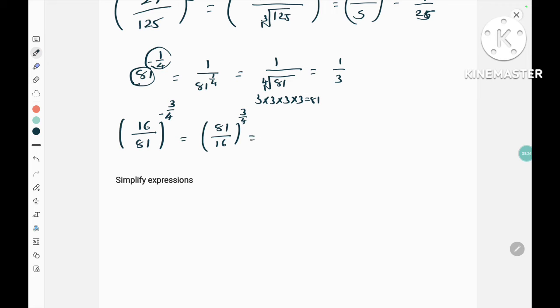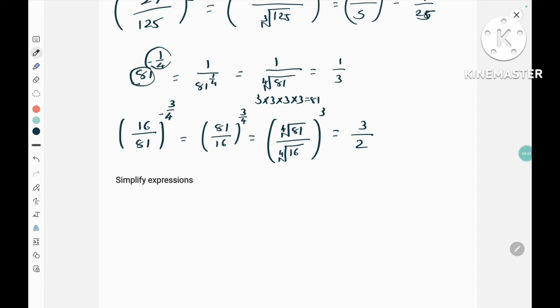And now we get rid of the denominator power first. So root 4 of 81 over root 4 of 16, bracket close, to the power of 3. 81 is 3 multiplied 4 times, and 2 times 2 times 2 times 2 is 16.